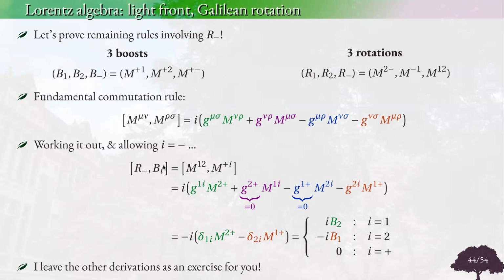So if you commute it with B1, you get i times B2. If you commute it with B2, you get minus i times B1. So it's basically just a cross product with, say, a unit z vector.